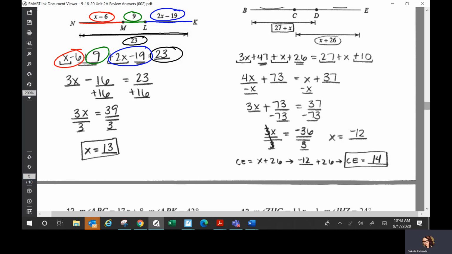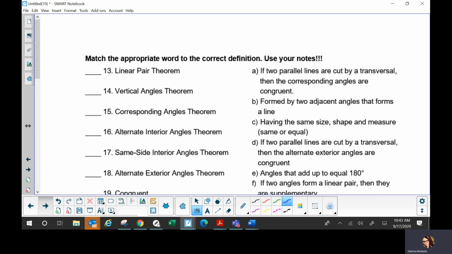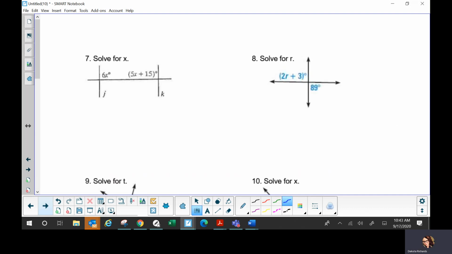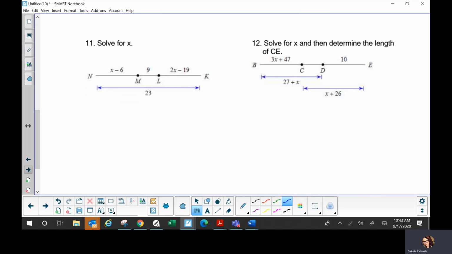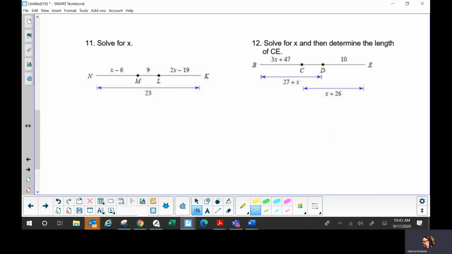Okay, so let's do number 12 together. Number 12, this one's a little weird. Let's use yellow.